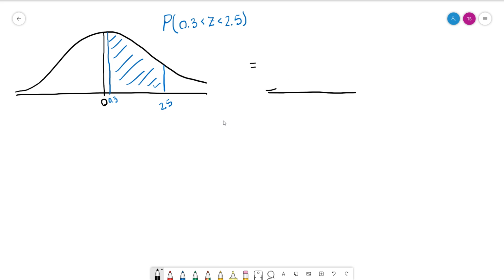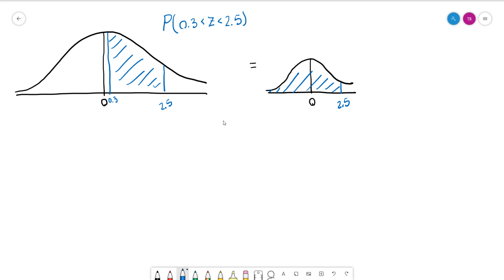We're going to calculate everything to the left of 2.5 to start with. So 2.5 is way over here.